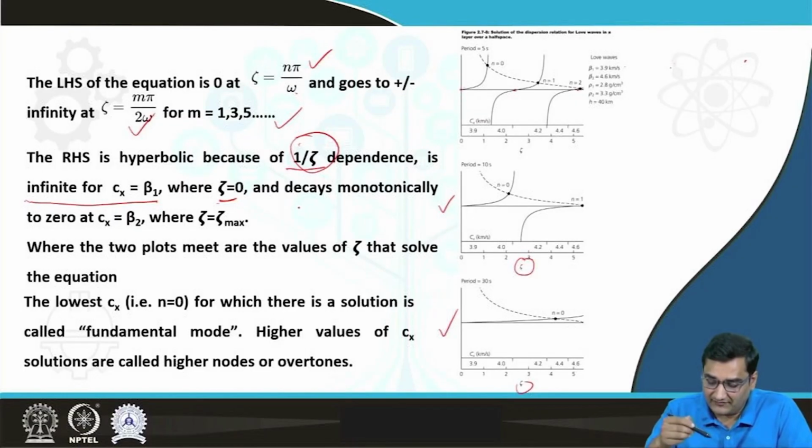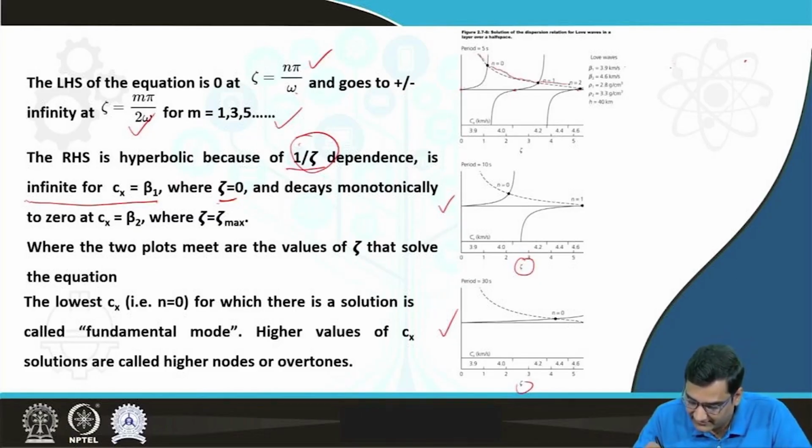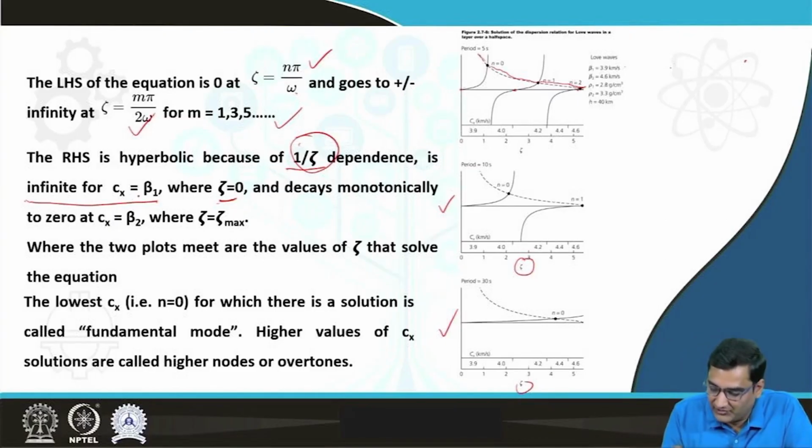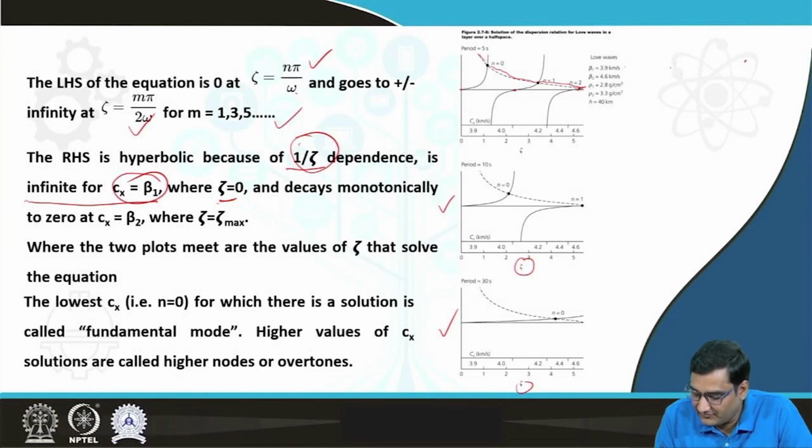Now this curve will decay monotonically. So you can see this is the curve which is decaying here. This is the dashed line curve here. That is the hyperbolic curve which is decaying monotonically. And you can see that its maximum value is at Cx equal to 3.9, that is beta 1, and it decays monotonically to 0 where the apparent horizontal velocity is beta 2.